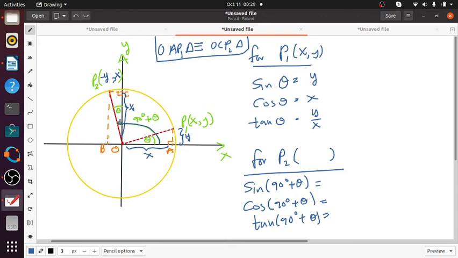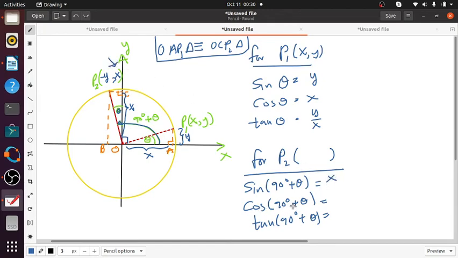We can represent this angle as 90 plus theta: here this is 90 degrees and here we have theta, so this is 90 plus theta anti-clockwise. Sine is defined as the y coordinate divided by 1, since we are looking at a unit circle. So the y coordinate here is x.